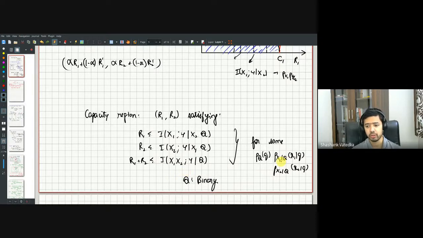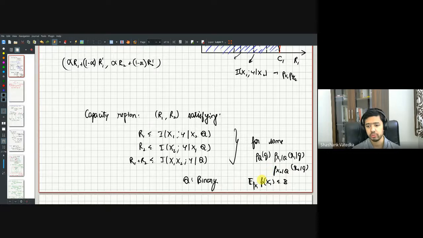So you can't look at all possible P of X1 given Q and P of X2 given Q. You also want to ensure that the expectation of the cost function beta of X1 should be less than or equal to b or something like that, right?